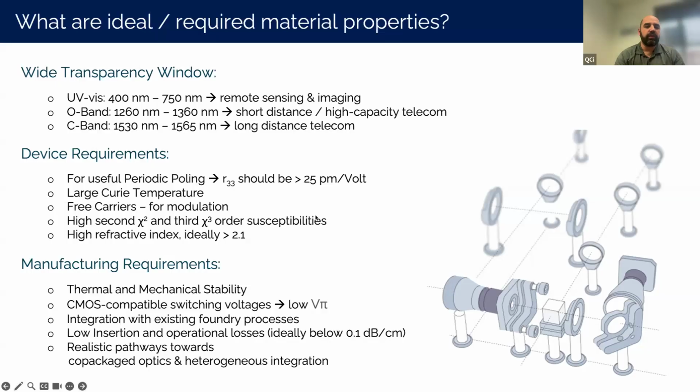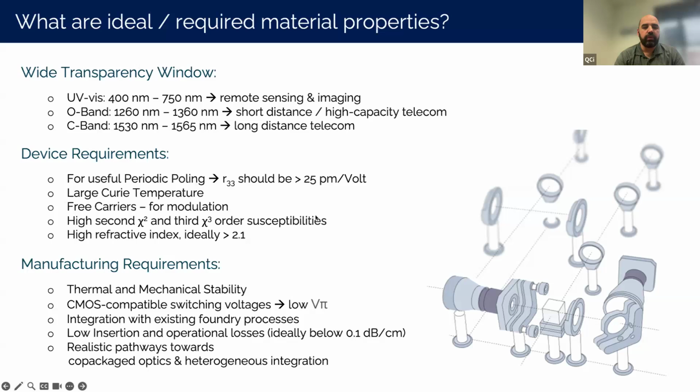And then the final set of requirements comes from manufacturing. We are a team that came out of academic labs, and in academia, it's great to make materials and devices that make all kinds of superlative claims. I made the world's best transistor, or I made the device with the highest on-off ratio for an electro-optic modulator, for example.